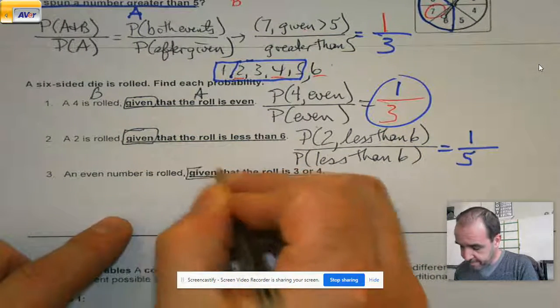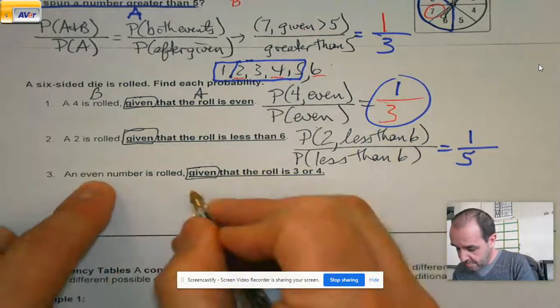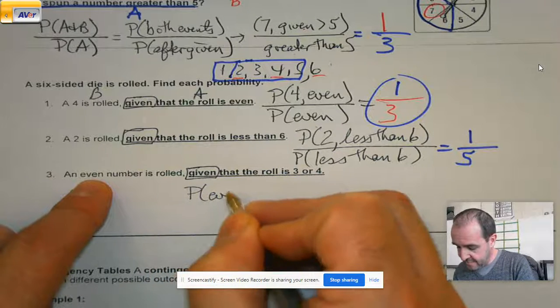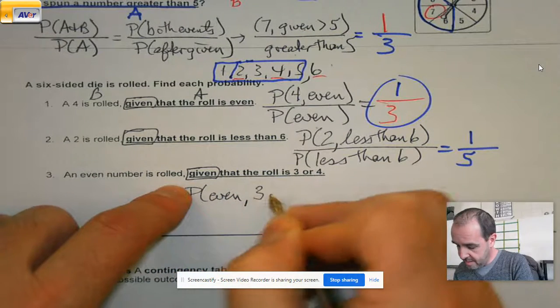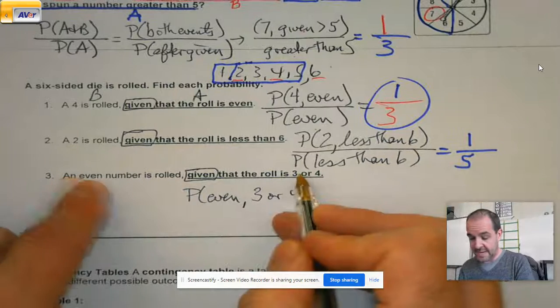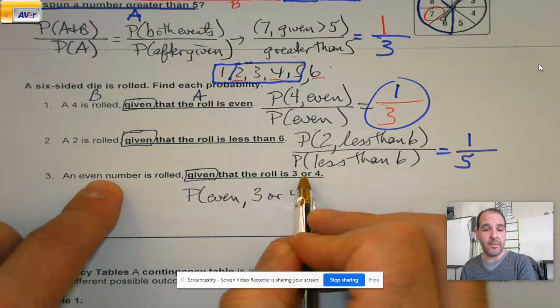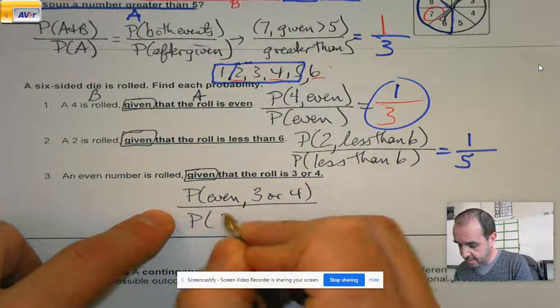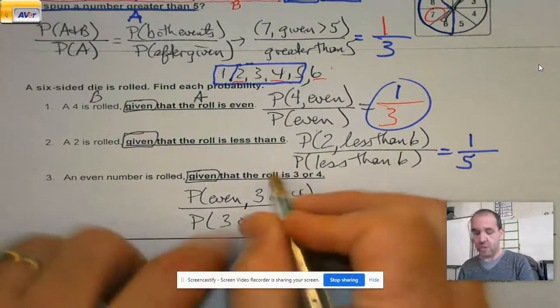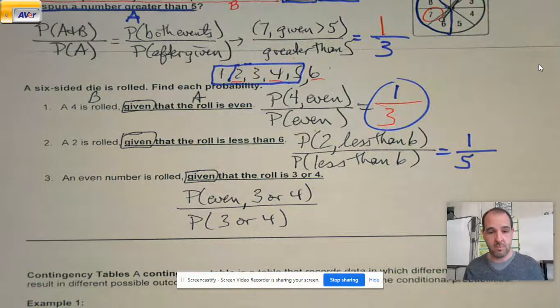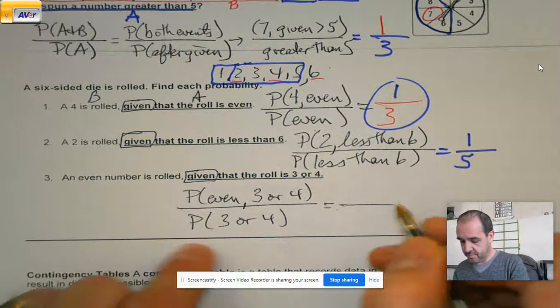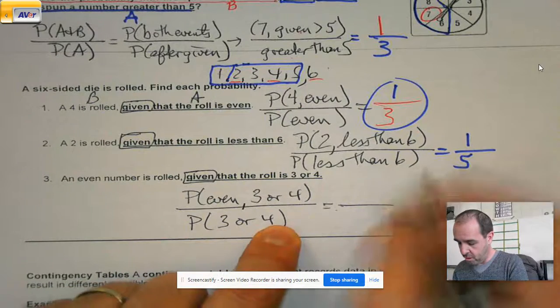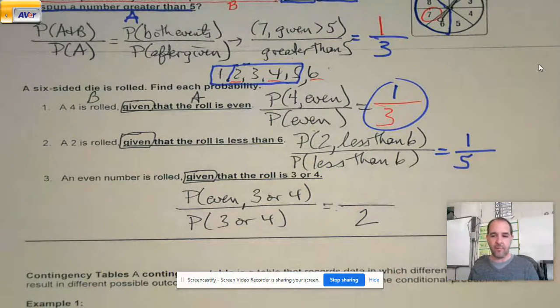One more time. Okay. Probability of getting an even that is 3 or 4, because I take both the probabilities, put them together, over the probability that I'm going to get 3 or 4. Just the stuff after the given. So I'm like, okay, well, probability of getting 3 or 4, there's only 2 ways I can get the number 3 or 4.